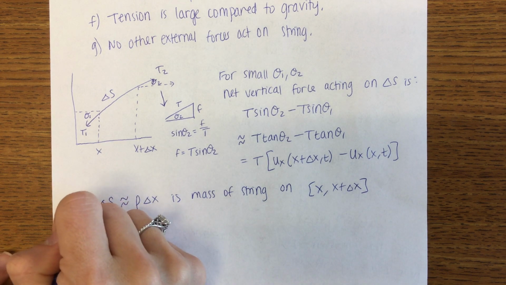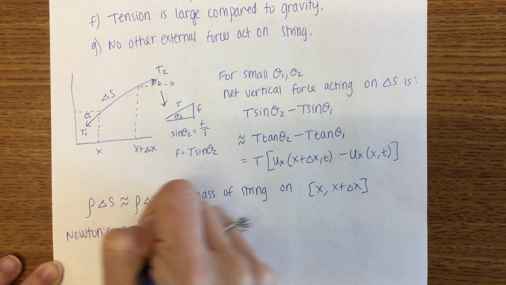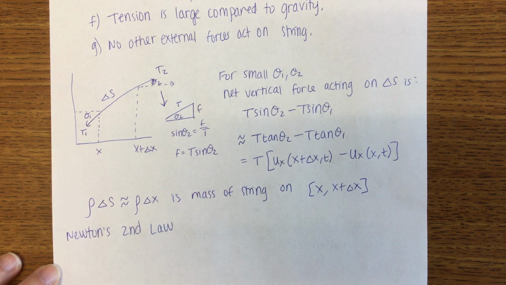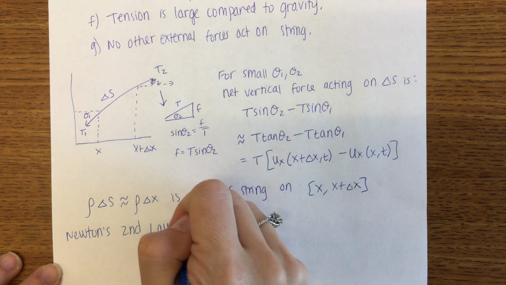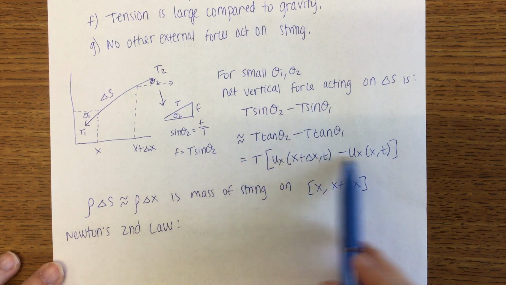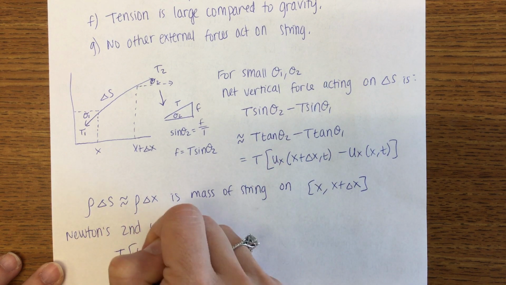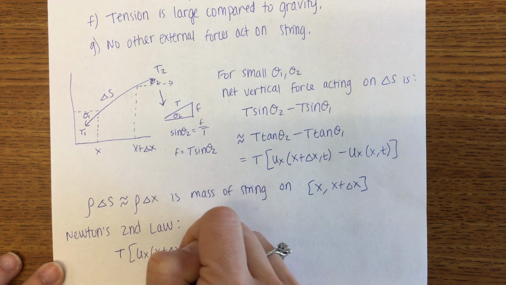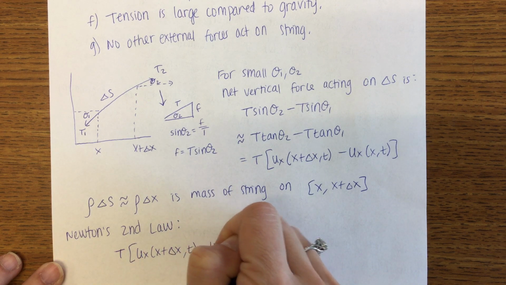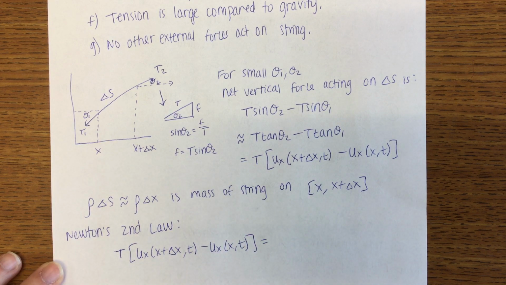Okay, so then Newton's second law is going to give the following. F equals ma. F would be all of this, mass we already set up here.